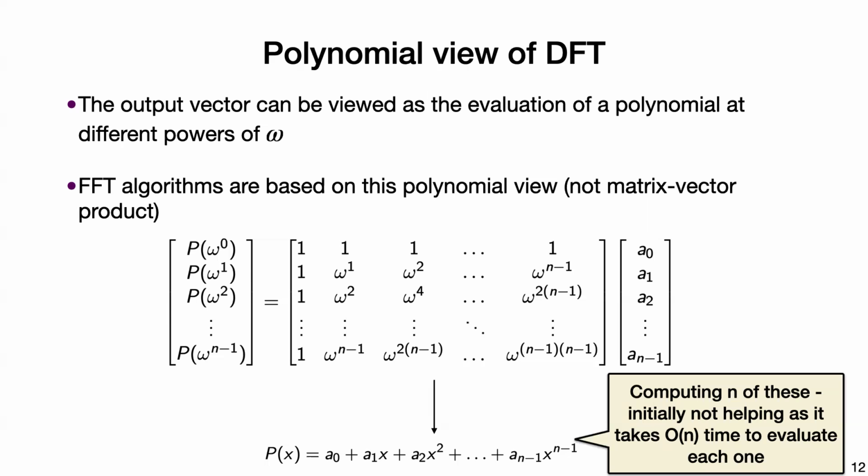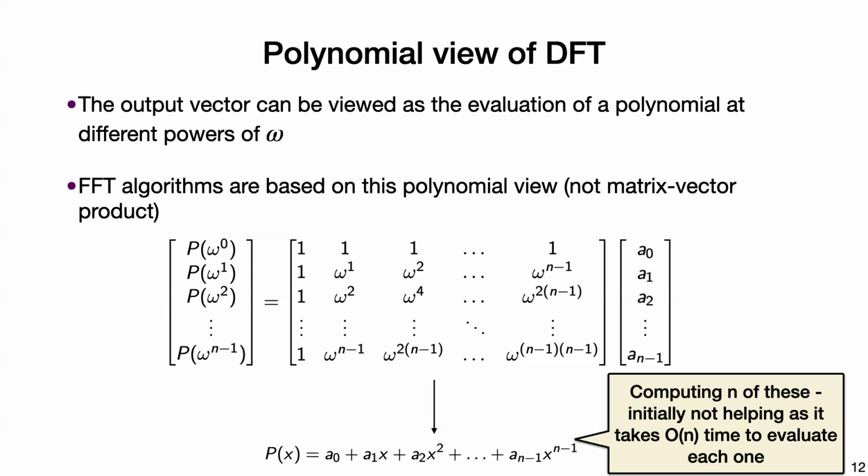So this is just giving you the values of x to the powers. This gives you the coefficients, and you can think of each row column vector multiplication as the evaluation of one of these polynomials. And then there are n entries, and that's n evaluations.